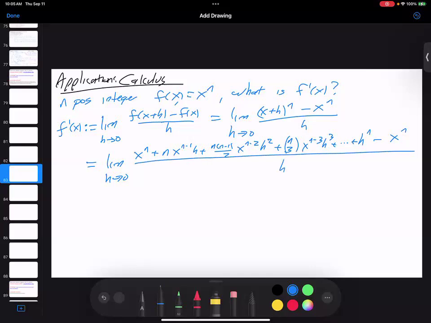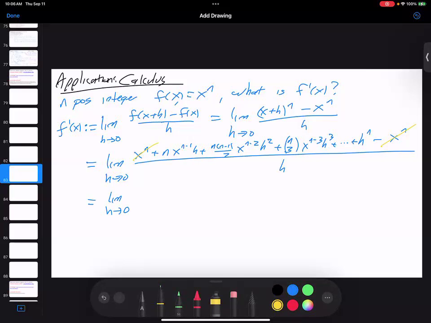So when you look at this expression, what happens in the numerator? What's one thing you notice? X to the n cancels out. Yeah, good. The x to the n's cancel.